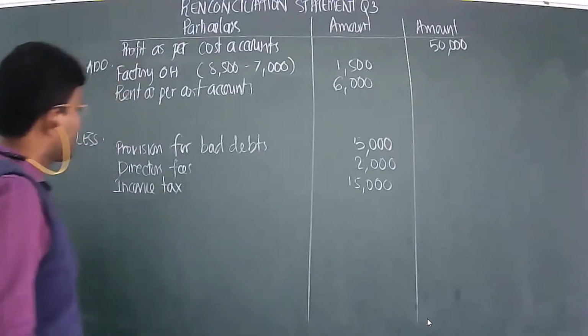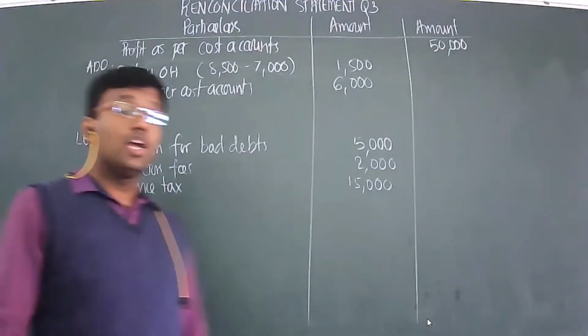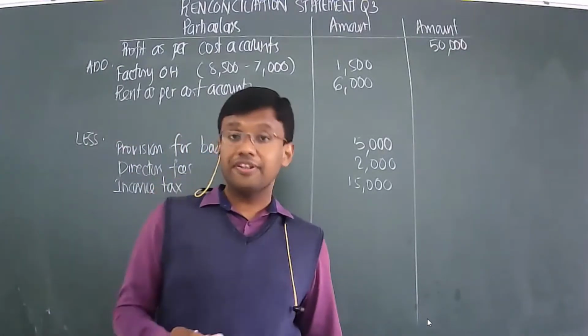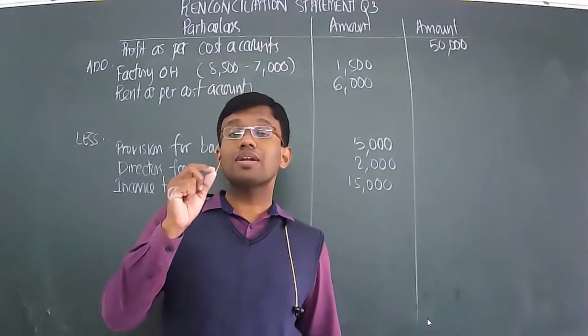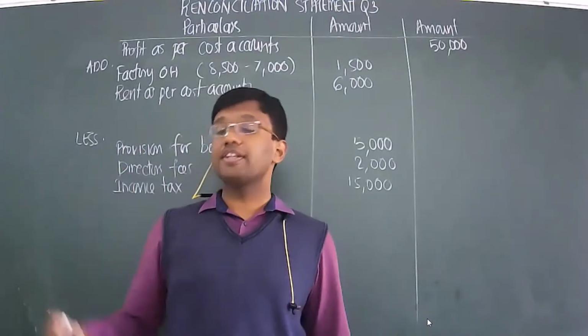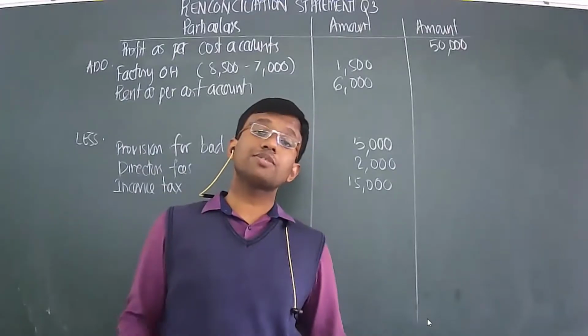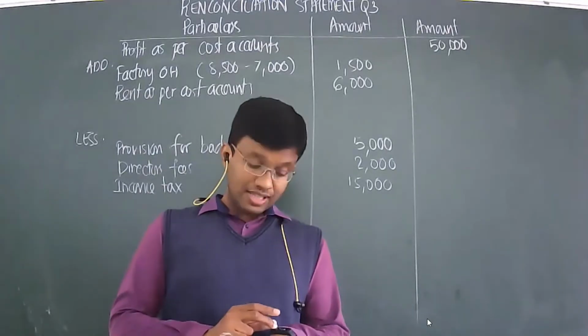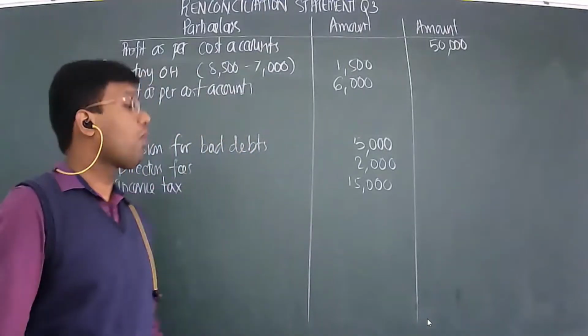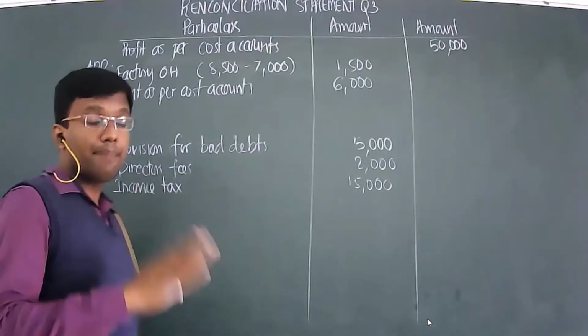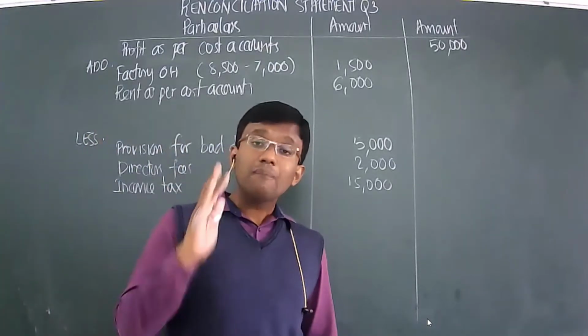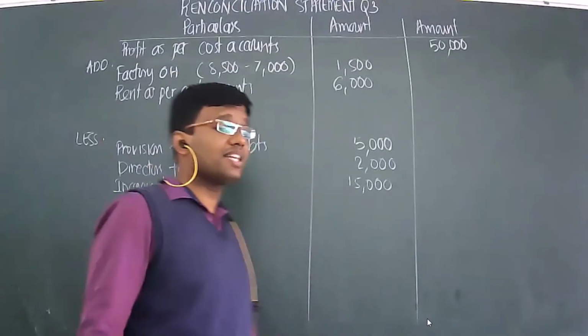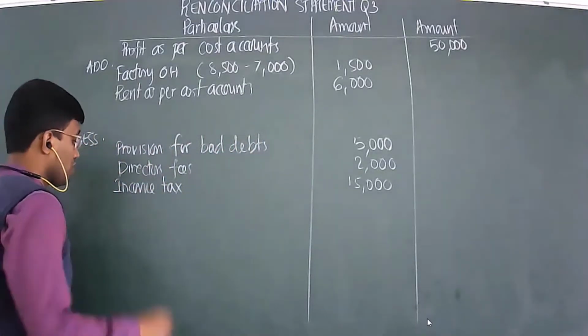The next item that we have that is given to us in the question is depreciation. Now, with respect to depreciation, again, if you notice, there is a difference between the depreciation that is reported as per cost accounts and the depreciation that is reported as per financial account. So because there is a difference between the two, depreciation we have to go as per the depreciation which is given as per financial account.